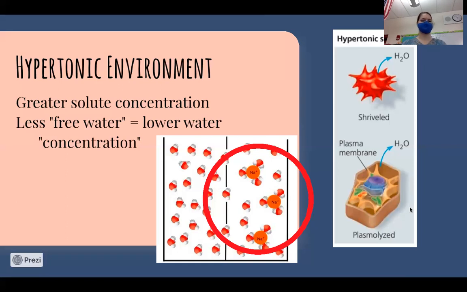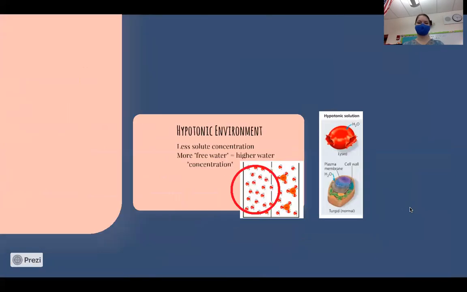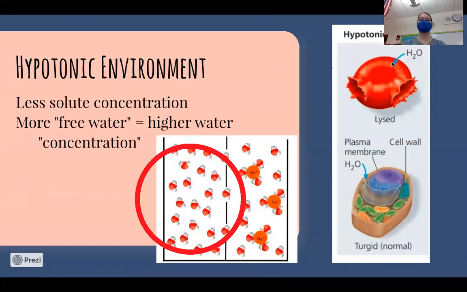Okay. The opposite of a hypertonic environment, keep in mind, these are comparison terms. You cannot just have a hypertonic environment on its own. It has to be compared to something, the other side of the membrane. So a hypotonic environment would mean that the inside of the cell is hypertonic because it's a comparison. Hypotonic, like hypothermia means low temperature.